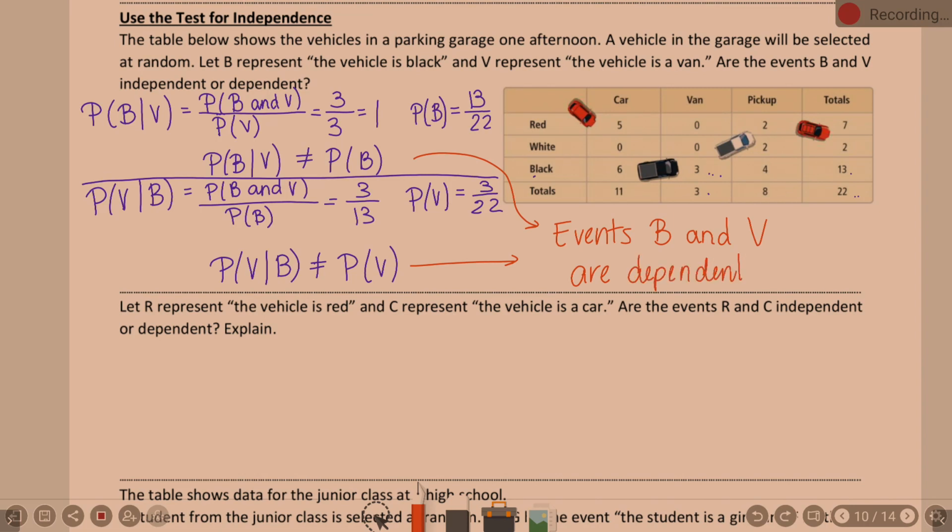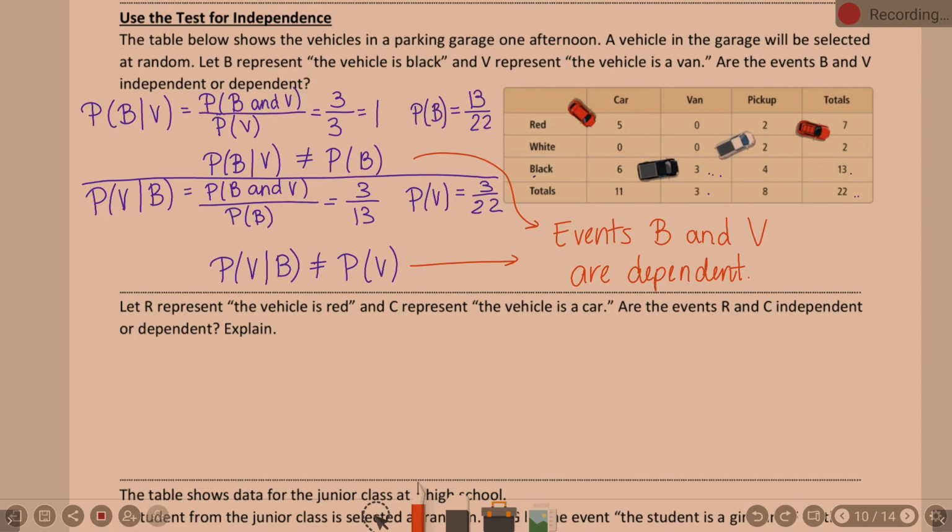But isn't it a 100% chance that if it's a van, it's black? Yes. So how would black vans not equal the amount of vans? Okay, say that again. How would the total number of vans not equal the total number of black vans?